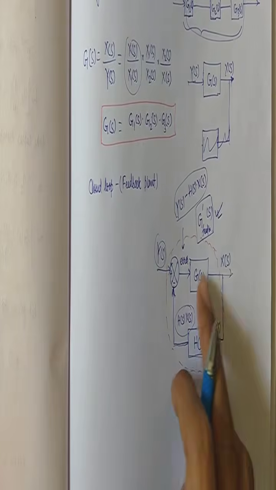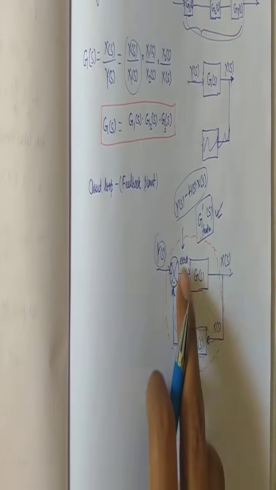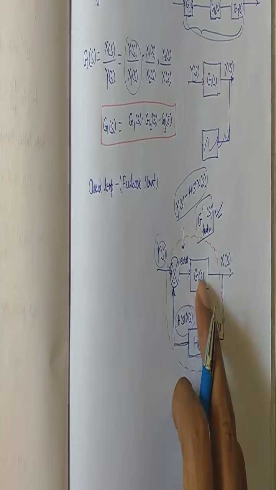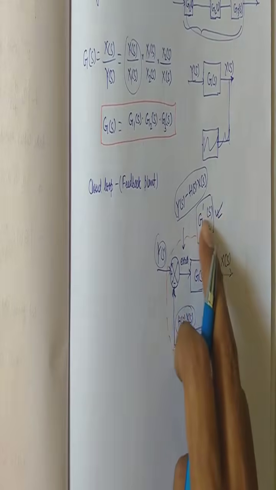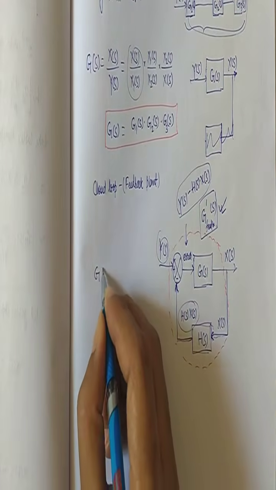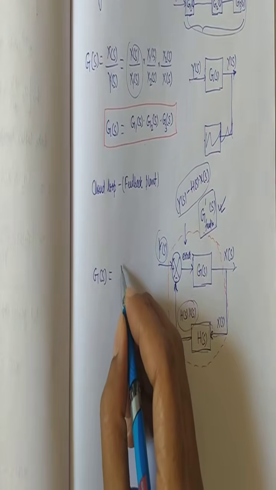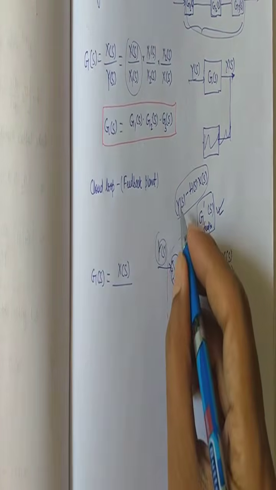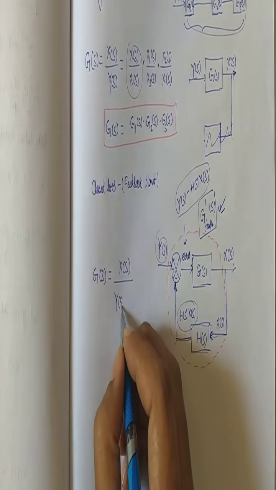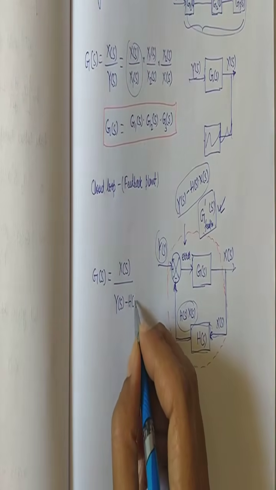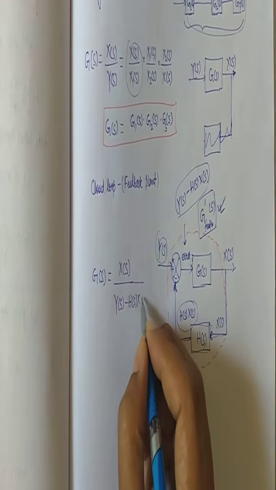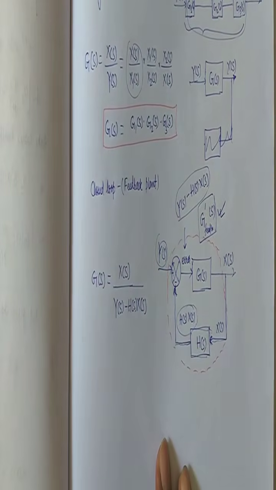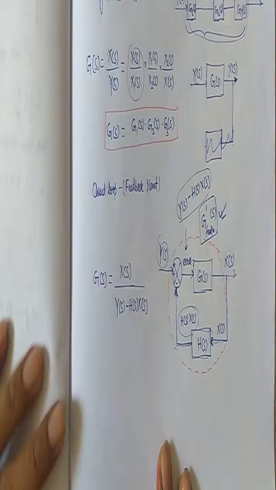So for this GS, this is your input and this is your output, and we need to find this feedback G dash. So for GS we can write XS upon YS minus HS XS, right?